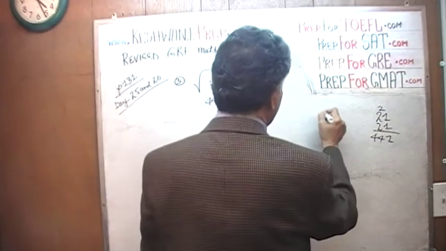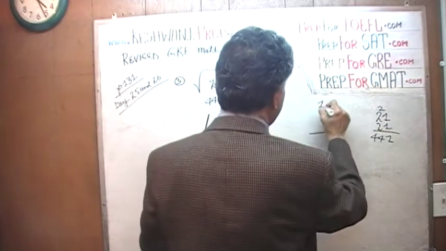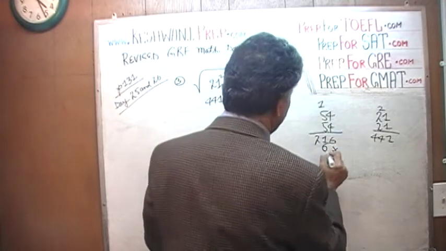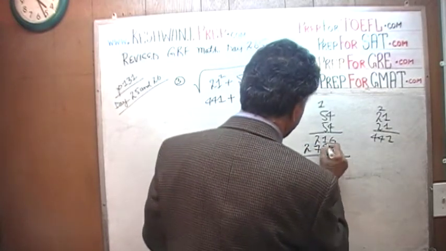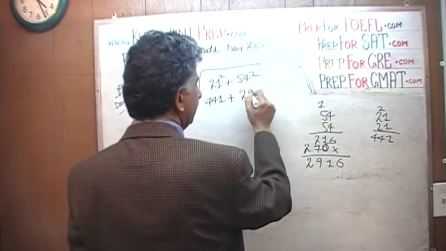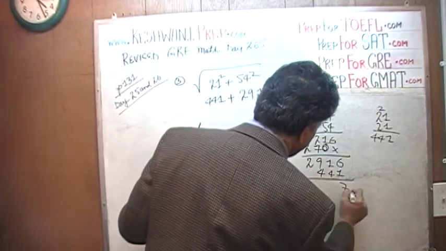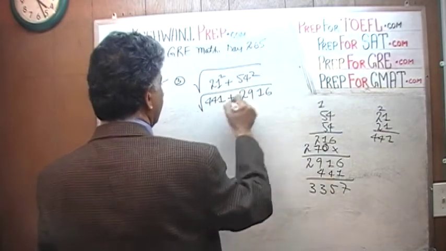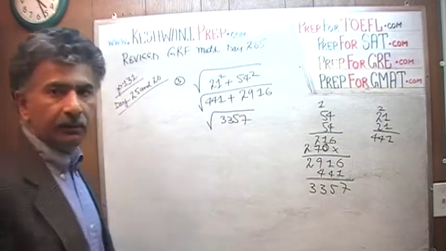Let's figure out 54 squared. 4 4's are 16, carry 1. 5 4's are 20, plus 1 is 21. 5 4's are 20, 0, carry 2. 25 and 2 is going to be 27. That's a 0. So we get 2916 plus 441 gives us 3357. So this whole thing is the same as the square root of 3357.